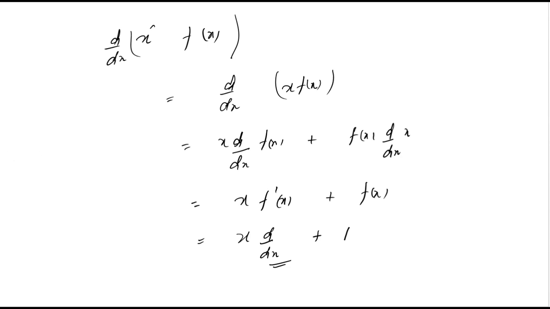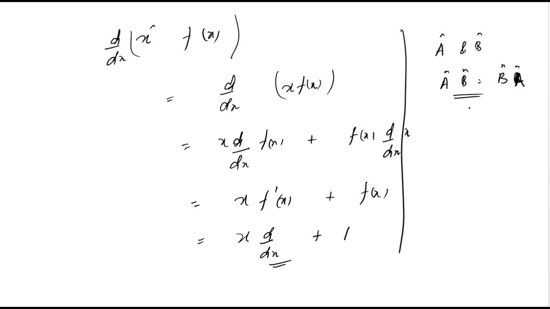If A and B are operators, we can't say that A B will be equal to B A.